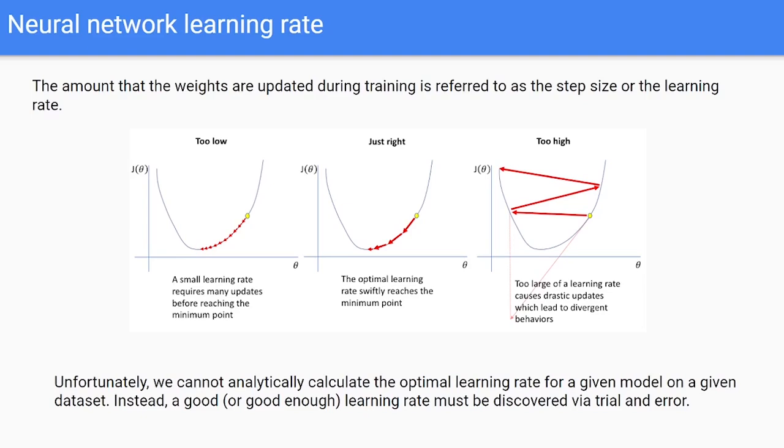When the learning rate is too small, the training is not only slower but may become permanently stuck with a high training error. Unfortunately, we cannot analytically calculate the optimal learning rate for a given model on a given dataset. Instead, a good learning rate must be discovered via trial and error.